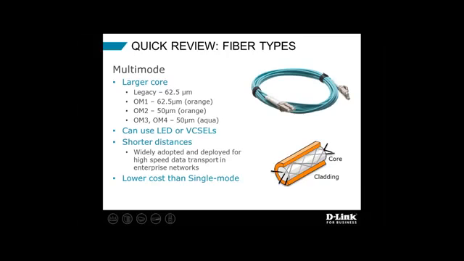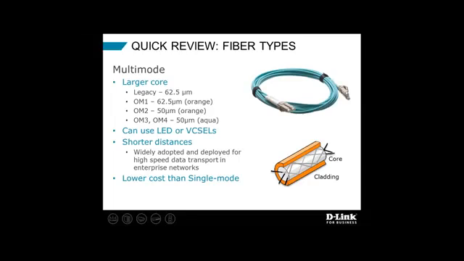It wasn't very good quality, but it's still in some buildings today, buildings that were built back during that time frame. But over the years, multimode fiber has improved in its quality. We started with OM1, OM2. Today, most folks are deploying either OM3 or OM4 fiber cabling, which has a 50 micrometer diameter core on the inside.